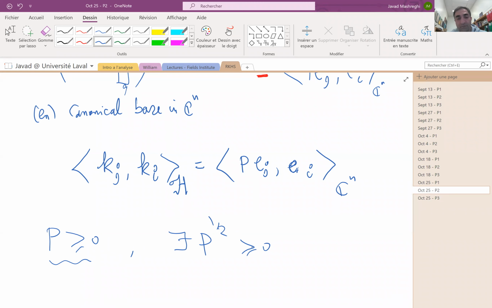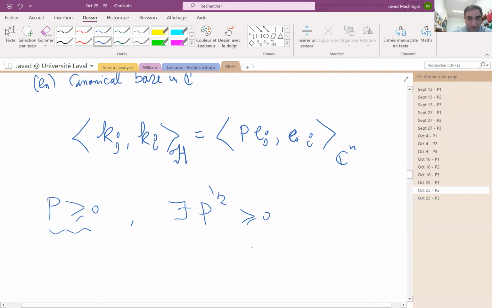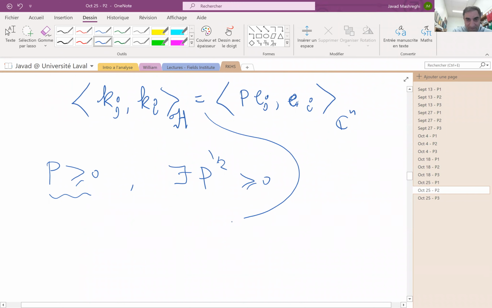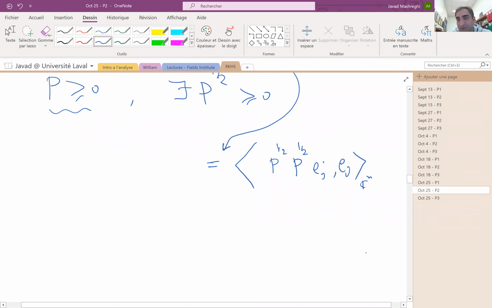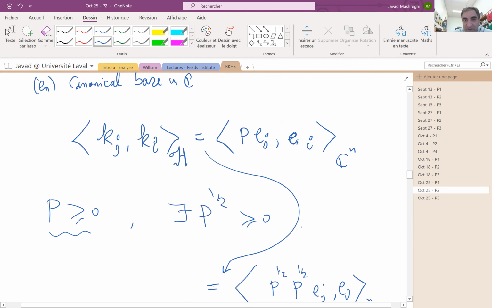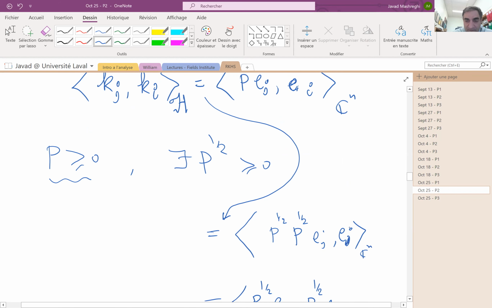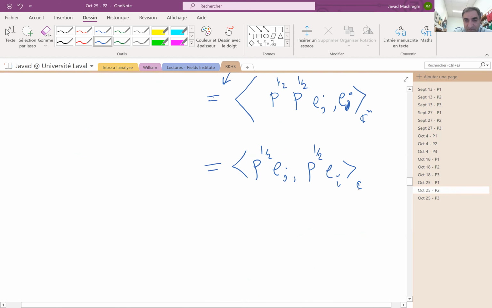And P half times P half is equal to P. And so I can continue and write this equal to P half Ej, Ei in Cn, and then take one of the P halves to the other side, noting that it's positive, so it's self-adjoint. So it's P half Ej, P half Ei. This is good now.